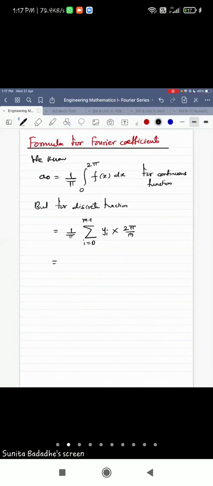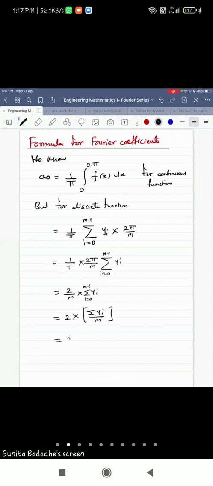Now this 1 by pi is outside, then 2 pi by m also I can take outside because it is a constant, and the summation of yi goes from 0 to m minus 1. So this gives 2 upon m into the summation of yi. I can write it as 2 into summation yi upon m, and summation yi upon m is nothing but the average of y values.